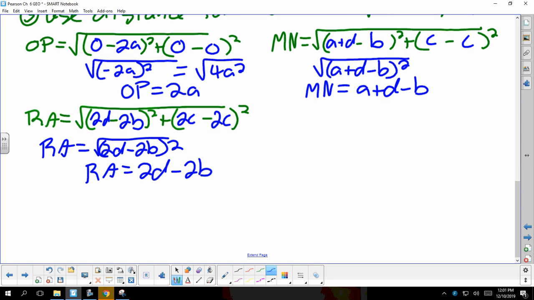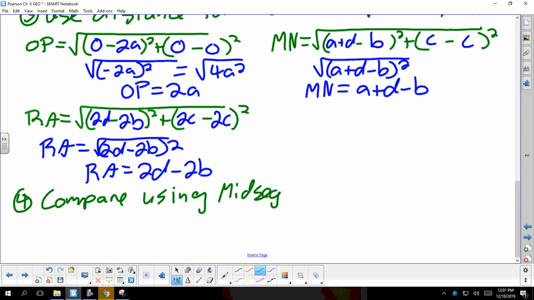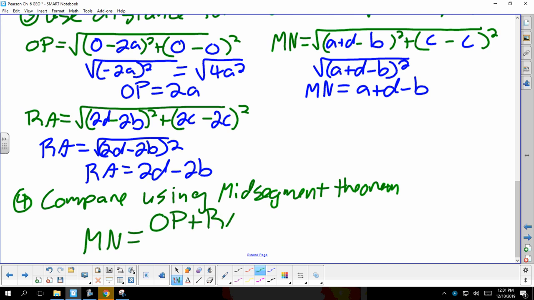All right. Lastly, let's compare using the midsegment here. So I want to know whether or not MN equals OP plus RA divided by 2.